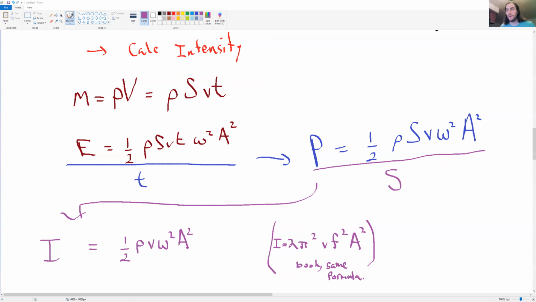So that's the thing, is higher frequency waves carry a lot more energy, right? So just this simple formula right here can help you understand things like X-rays, for example. So X-rays are really high energy waves, electromagnetic waves, in fact.